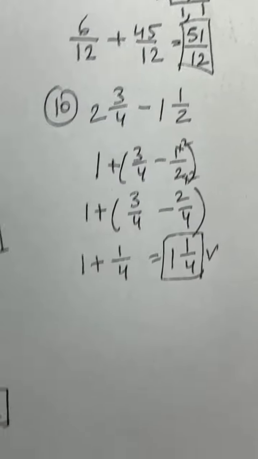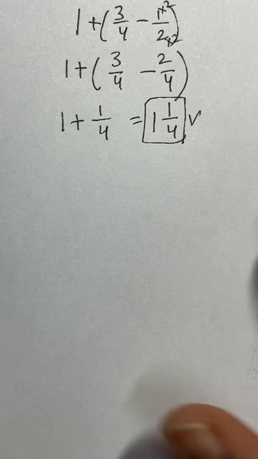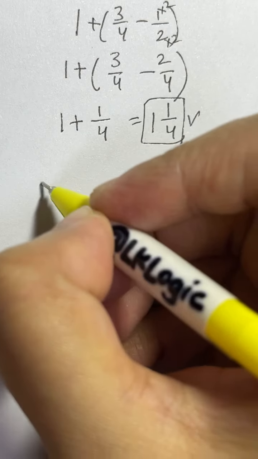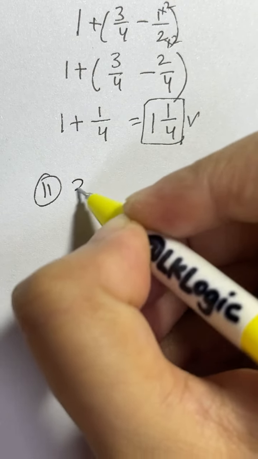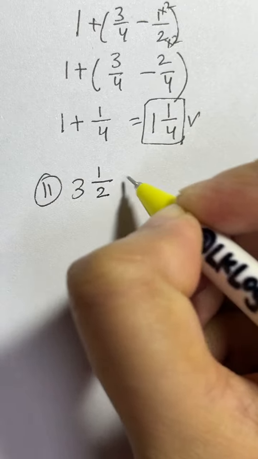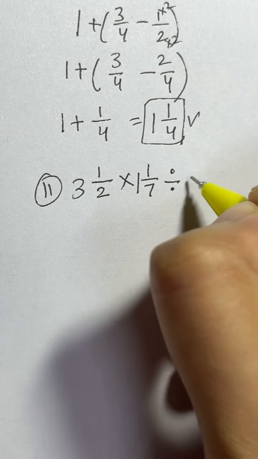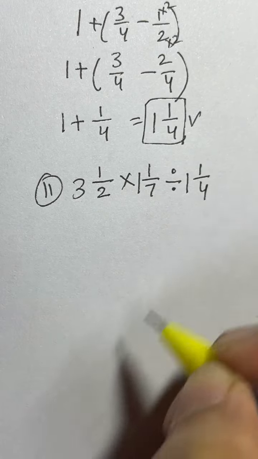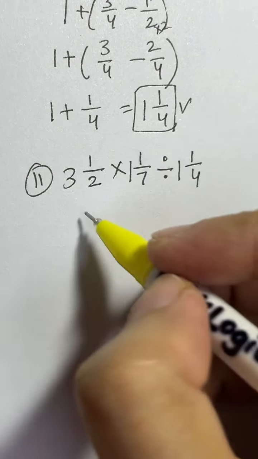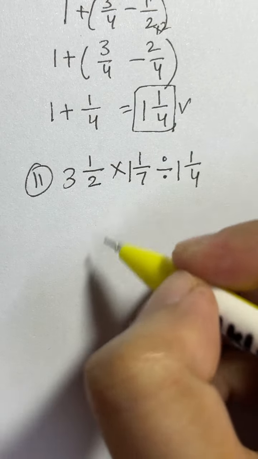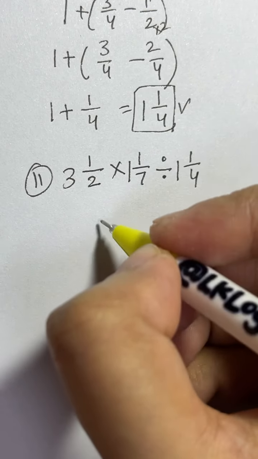Done. Okay, let's see the last question, the 11th one. If you have so many mixed fractions together, don't panic. It's really easy. Use PEMDAS to solve this. What does PEMDAS say?